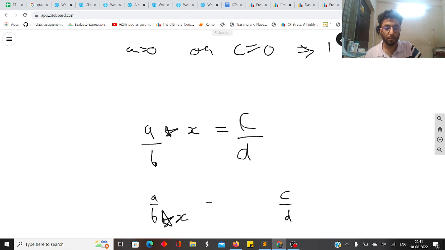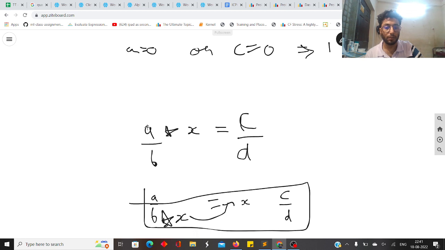If you want to make this equal to this, you can cross multiply this x over here, so multiplying the denominator of a by b with x is equivalent to multiplying the numerator of c by d with x. So we'll check two of the cases.